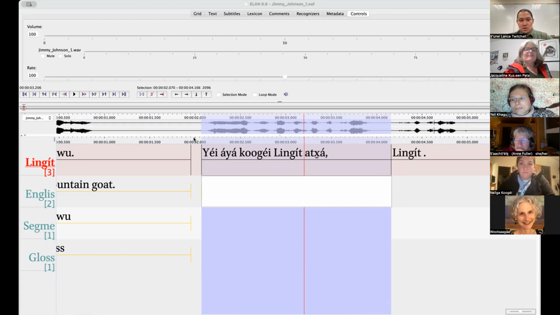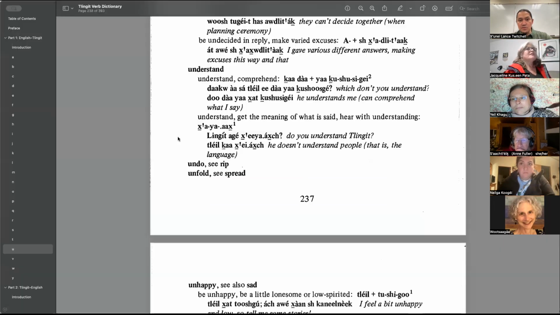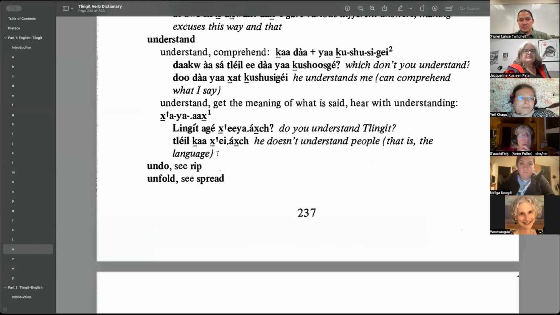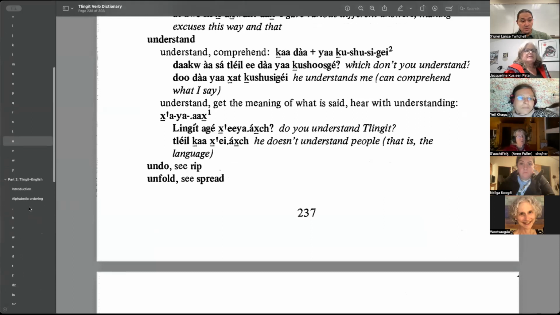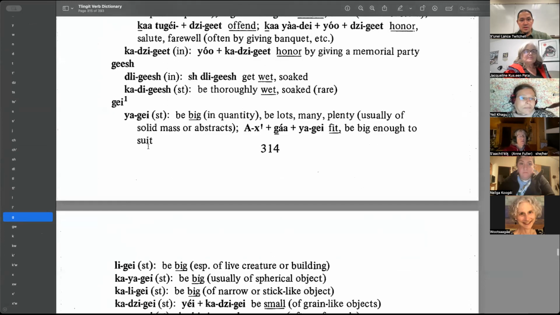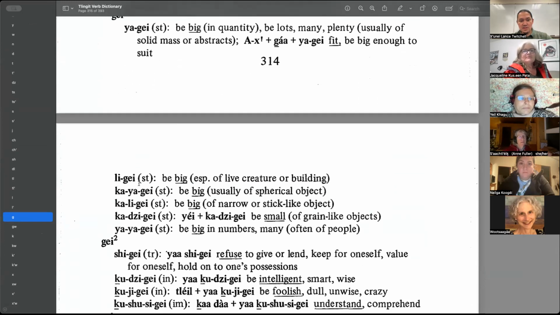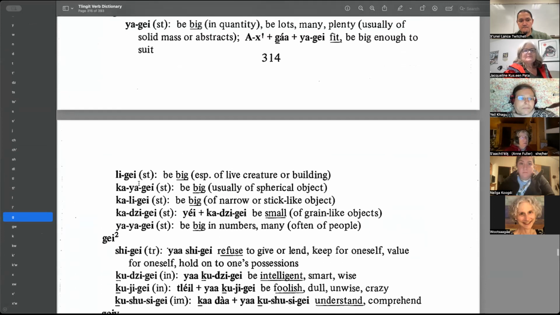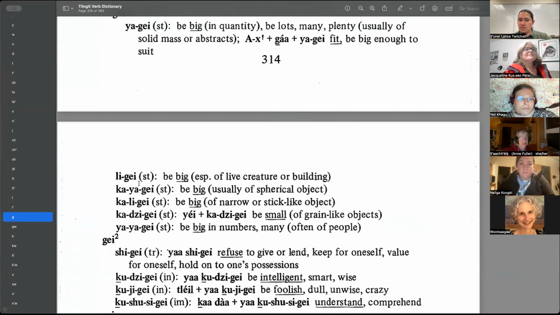So let's switch to the verb dictionary and make sure we're looking up kugé because we've got a verb now. So here's yagé, and then ye kugé.